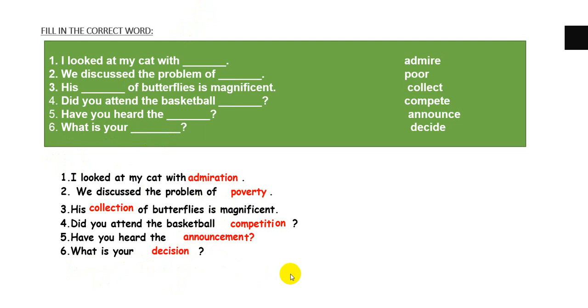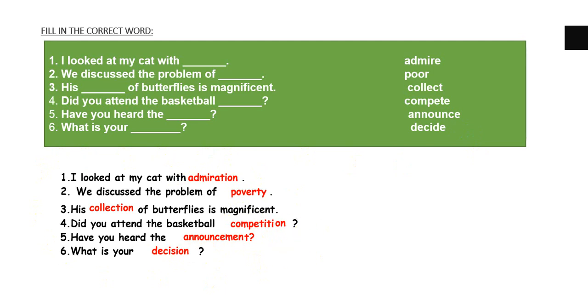I know a couple of questions or many questions have come to your mind to ask me: Miss, how can I recognize all of these words? How can I add tion or ity or ment, or sion with S-I-O-N, not with T-I-O-N? You have to memorize them as they are in context, okay?